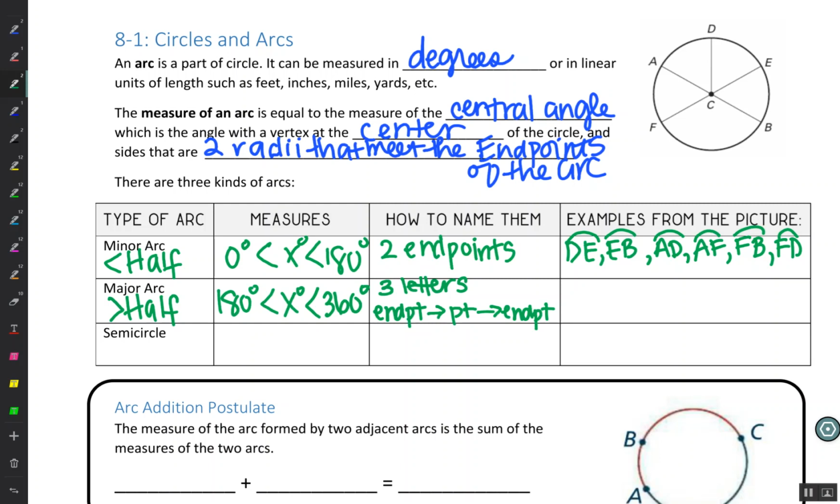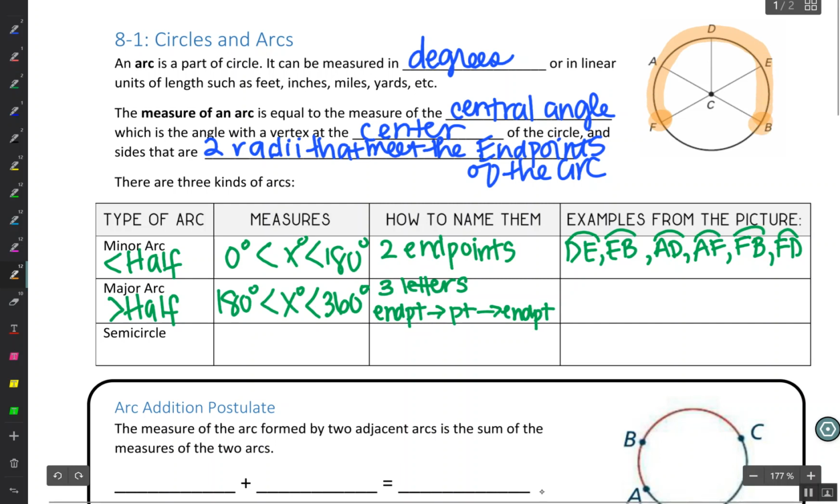Okay, so for example, I could go F all the way to B, but I need to use one of these 3 points in between that I passed. So I could use any of them, but only one of them. So like FDB would be this arc, or FEB or FAB.